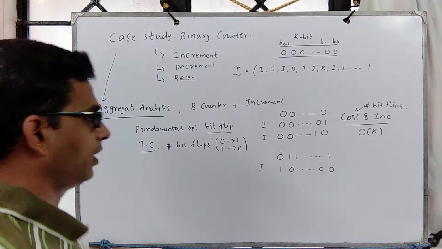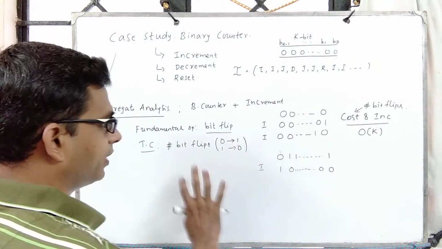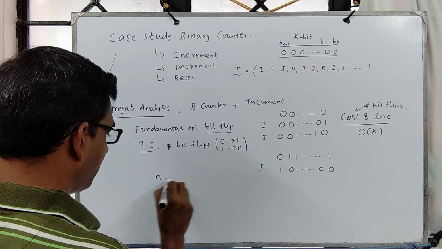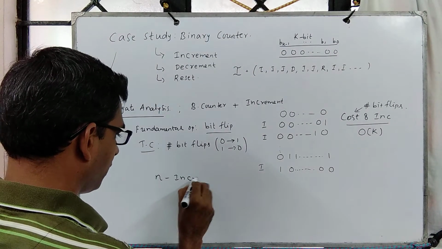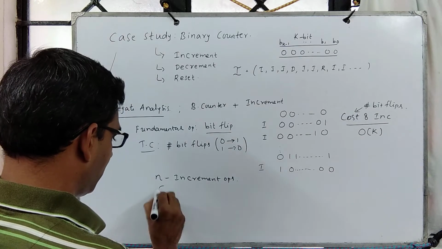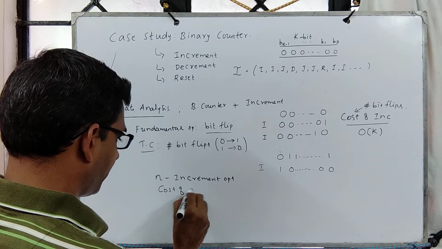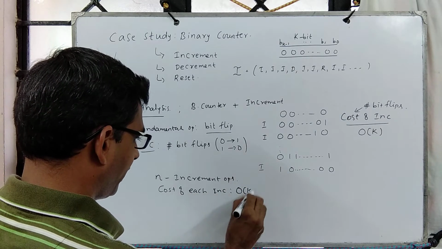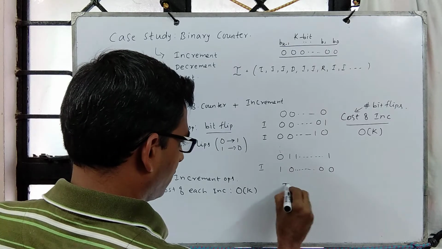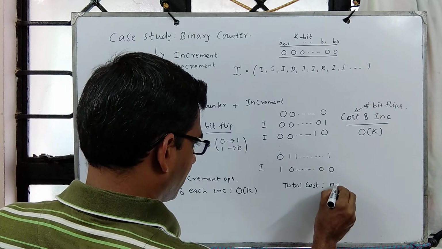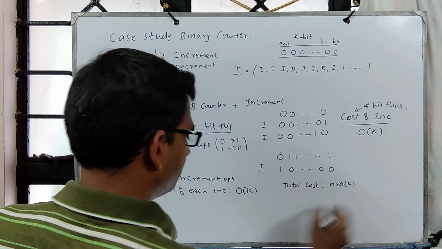Now if we do a loose analysis, suppose we say n increment operations and the cost of each increment is order k, then total cost is n into order k.